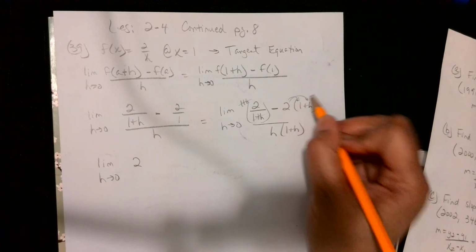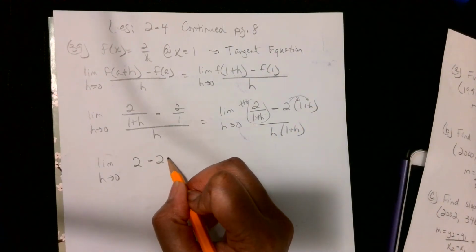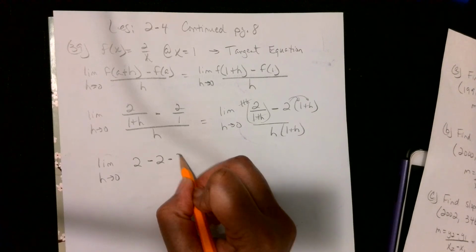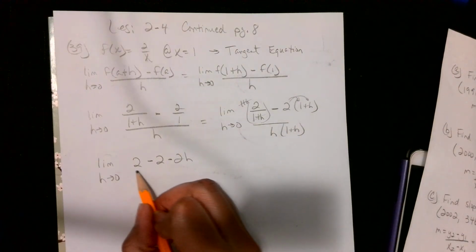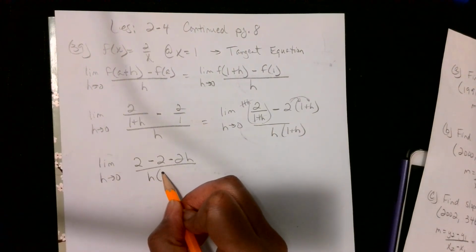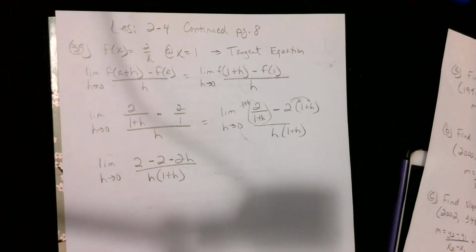Distribute this, and you get minus 2 minus 2h. And then we're going to leave this.